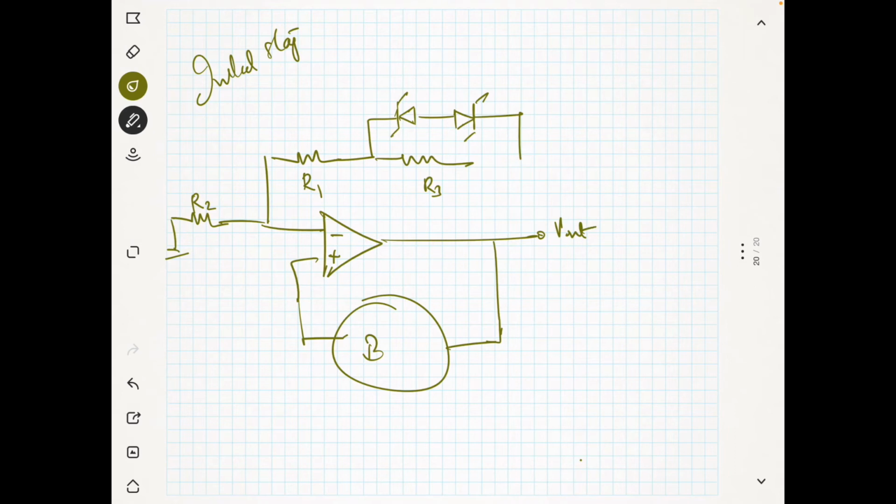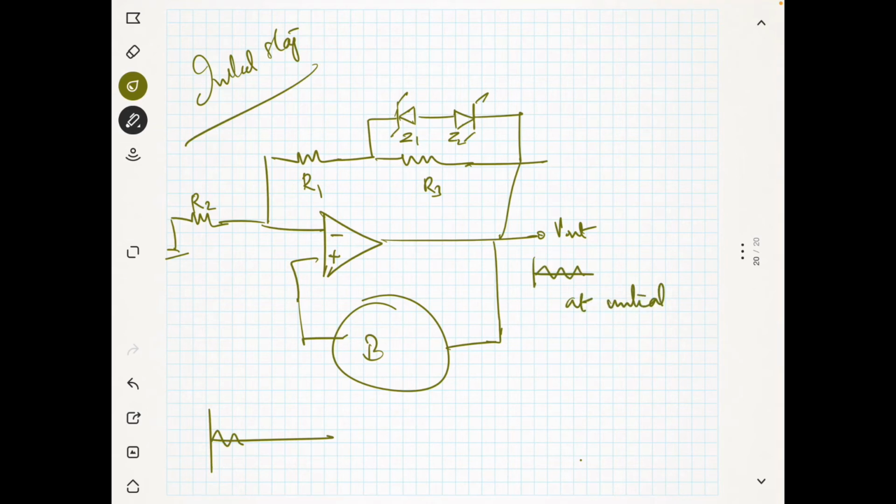Now you see here that initially this is Z1 and this is Z2. At the initial stage the output will be small. Because of the small output, Z1 and Z2 will be in the off state.